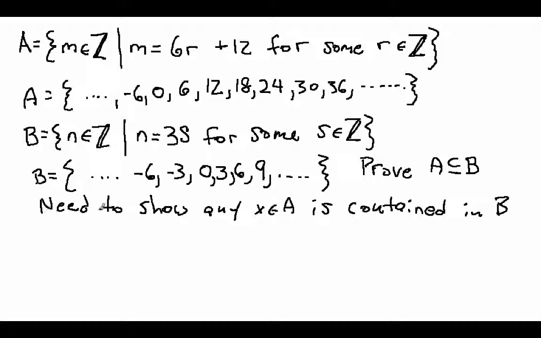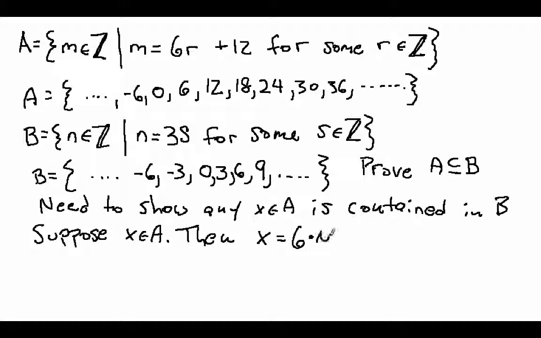What we need to show is that any x in A is contained in B. So, okay, suppose x is in A. If x is in A, then x is equal to, and I come right back to the definition over here, 6 times some y plus 12 for y an integer. Now notice I changed the r to a y.